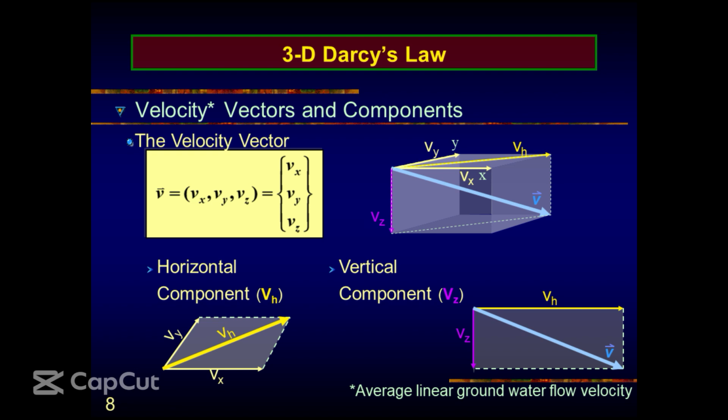Converted. Anybody? Is anybody done? 720 meters per day. That is 0.7 kilometers per day, isn't it? Wow. So our groundwater. 17,280.